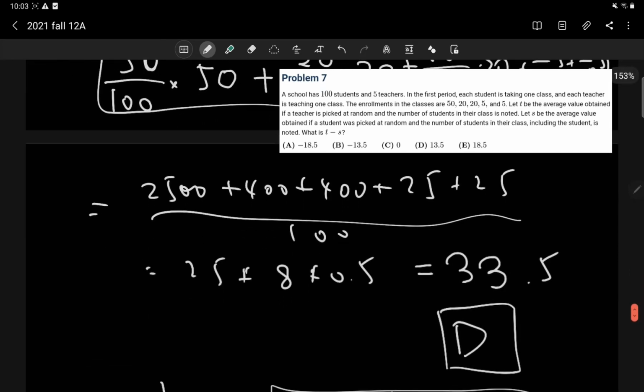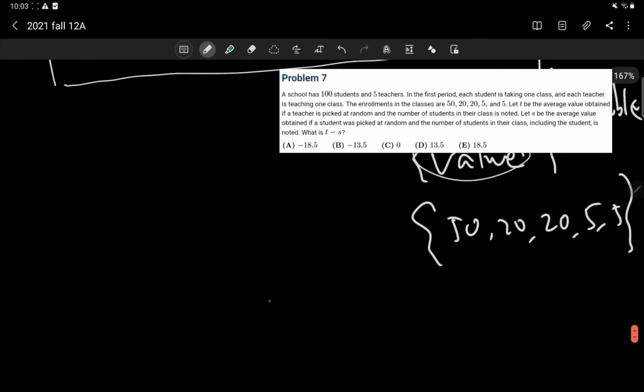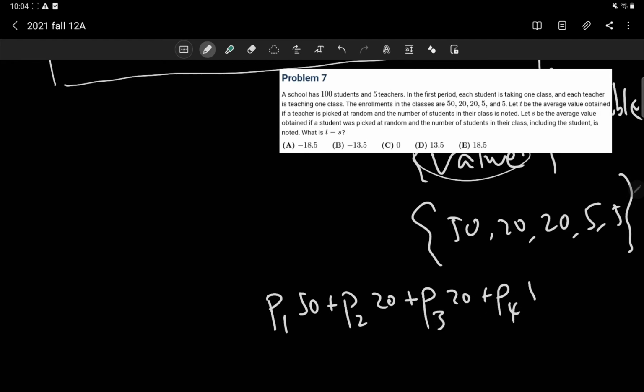It must have a pattern like this. It must have a pattern of P1 multiplied by 50 plus P2 multiplied by 20 plus P3 multiplied by 20 plus P4 multiplied by 5 plus P5 multiplied by 5.